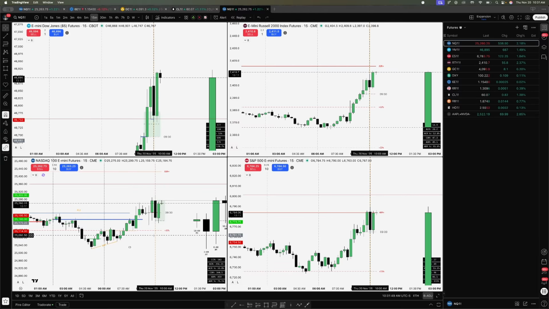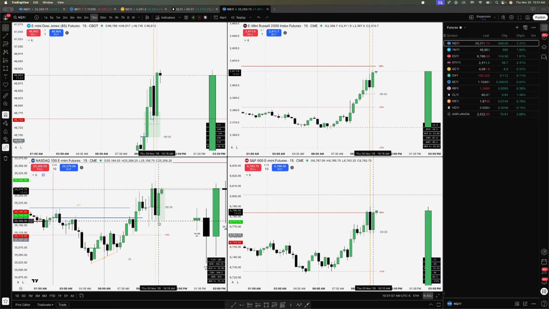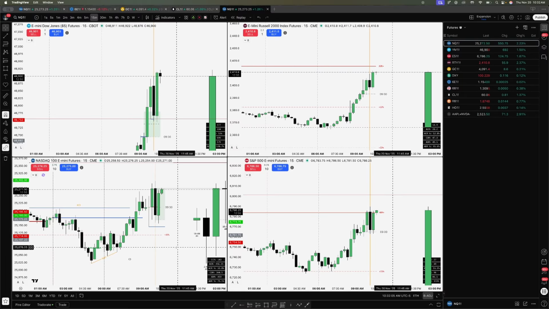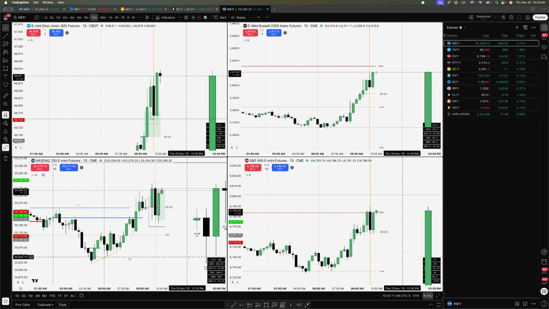I'm a little confused, I don't see any 15 minute C2. Oh, you mean this C2 right here? This one? Yeah, but it didn't do anything. It didn't sweep. I would want to have seen it sweep this. That's what I would want to have seen. It didn't really do anything here.